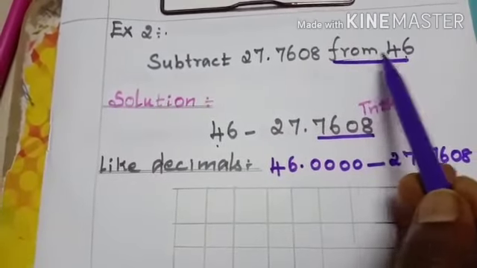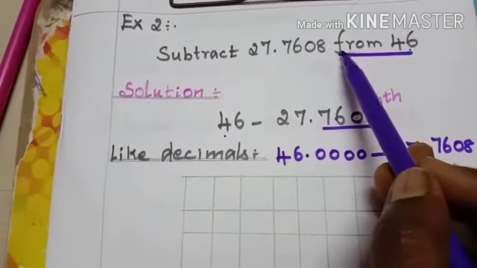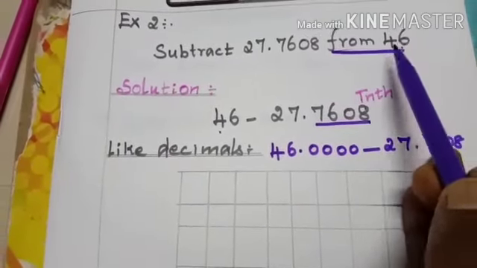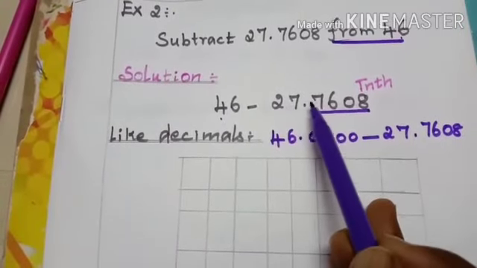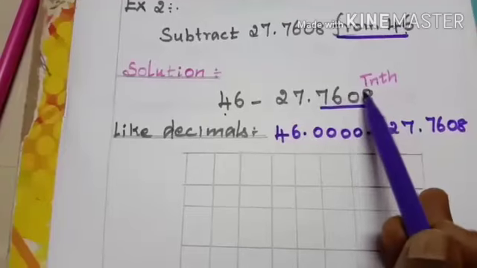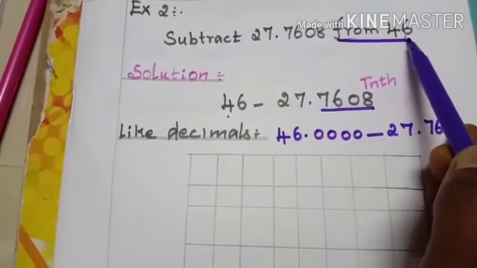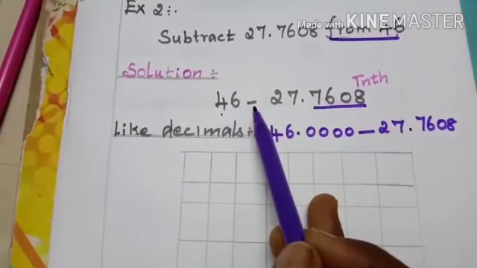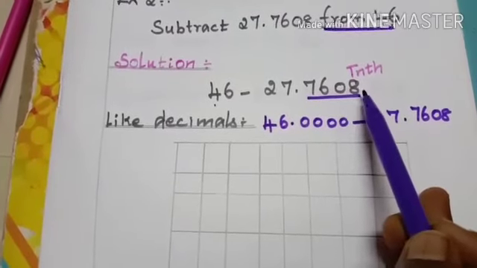Example 2: Subtract 27.7608 from 46. Here we have to subtract from 46, which means 46 minus 27.7608. I repeat, from 46 means we need to subtract 46 minus 27.7608.